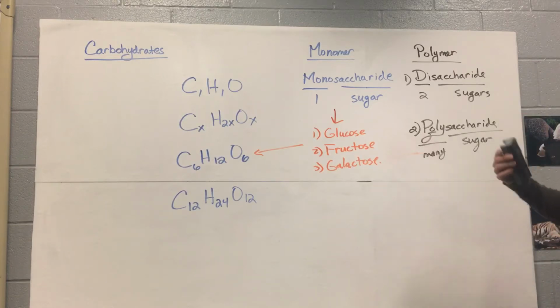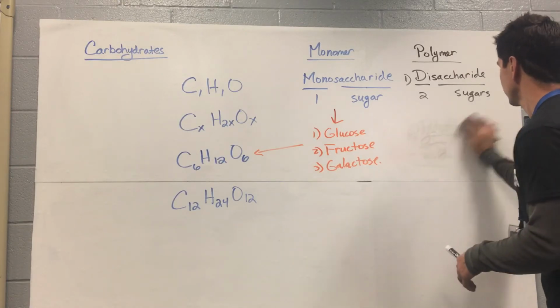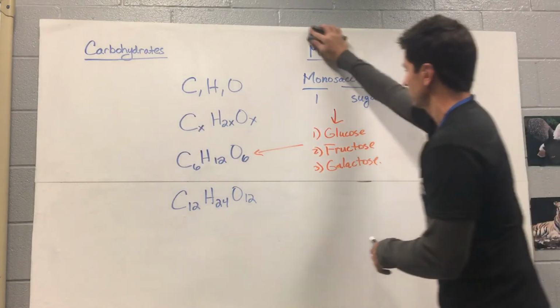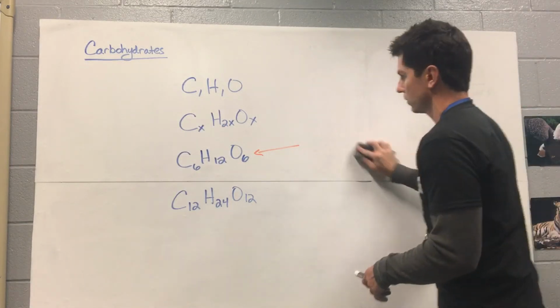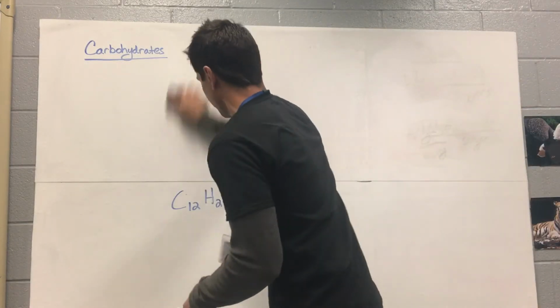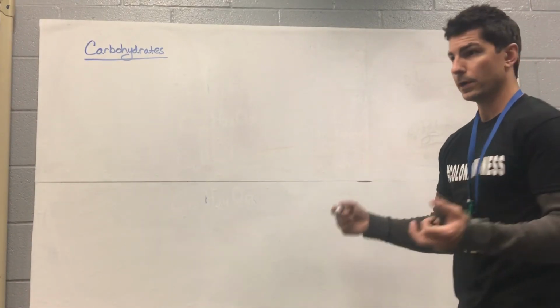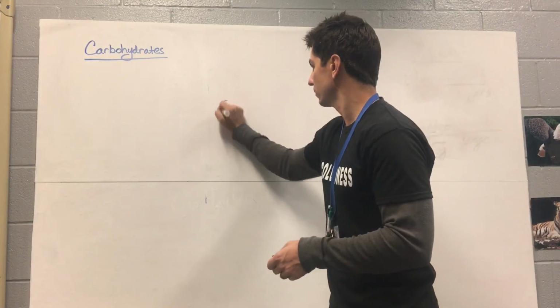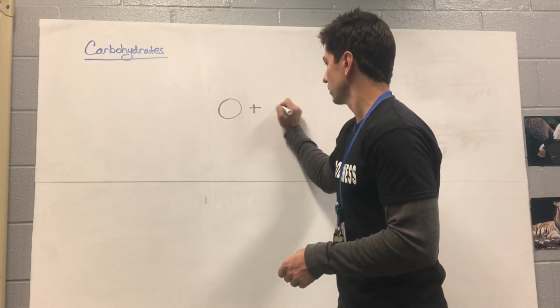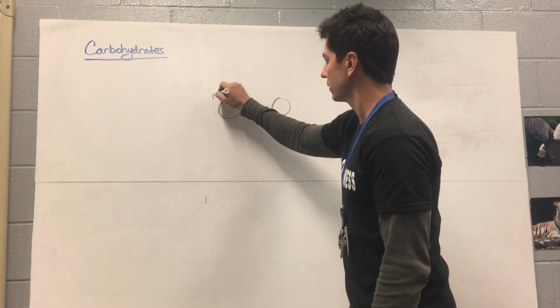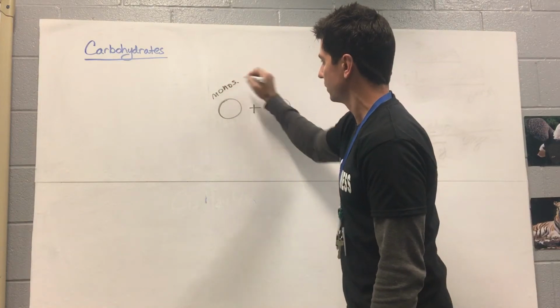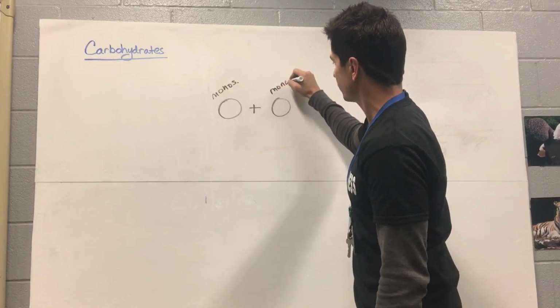So now to kind of apply our condensation and dehydration reactions to all this stuff. Okay. Let's say we have 2 monosaccharides, and I'm just going to represent them by circles. We have 2 monosaccharides. So here's a mono. I'm just going to write MONOS.